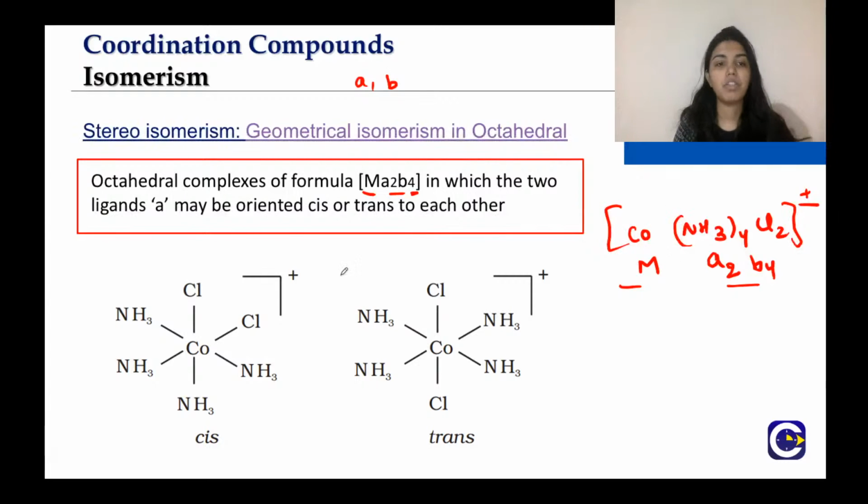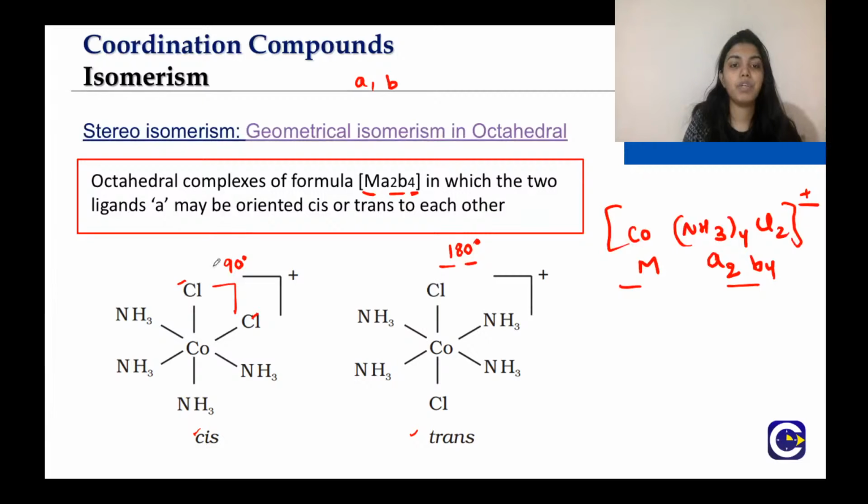Now here two isomers are possible, cis and trans. If you compare, see here that Cl and Cl are 90 degrees to each other in one, and here Cl and Cl are 180 degrees to each other in the second one. I already told you the ligands which are oriented at 90 degrees will be cis to each other, while the ligands which are oriented with an angle of 180 degrees towards each other will be trans in nature.